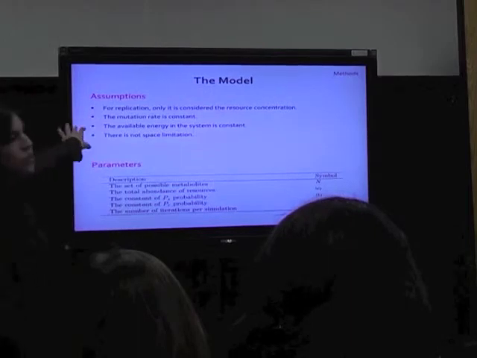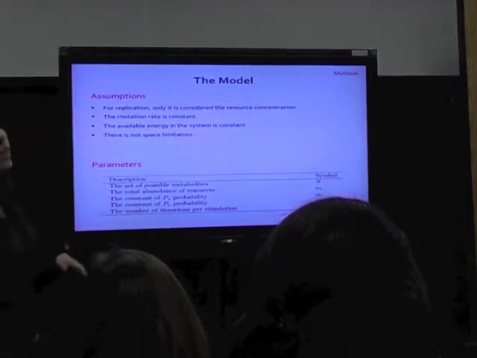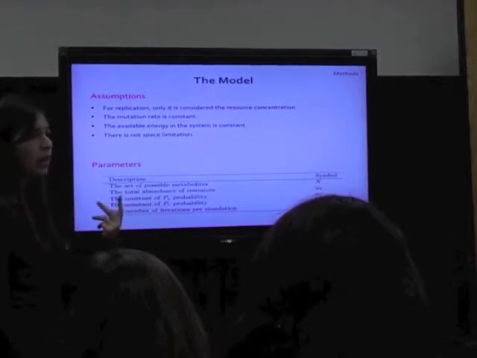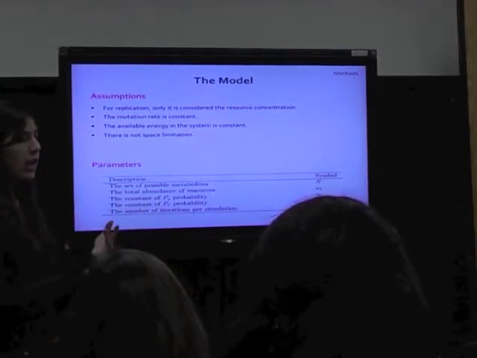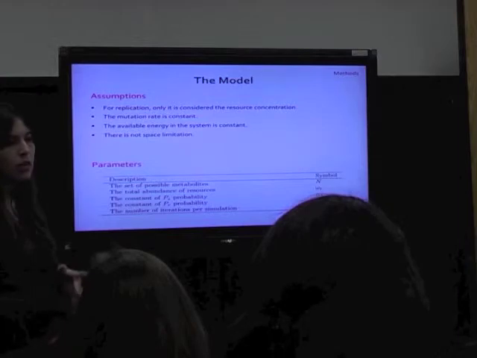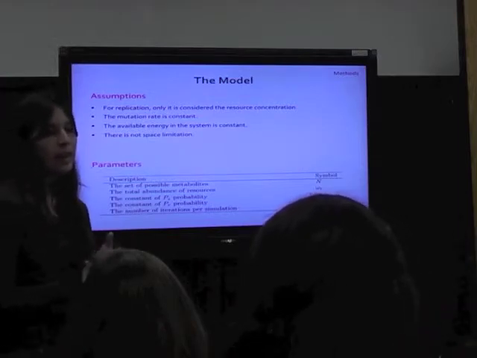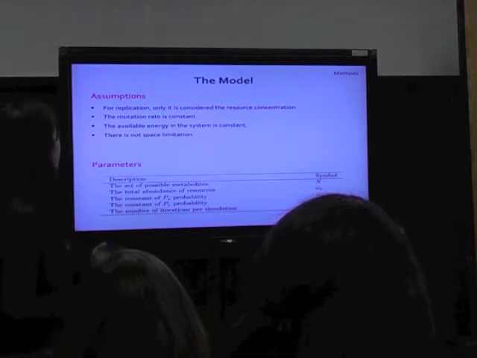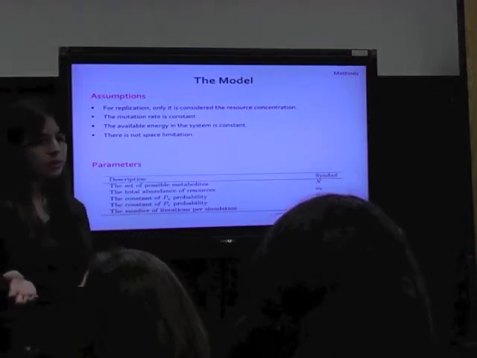Some assumptions of the model are that replication only depends on resource concentration, the mutation rate is constant, the energy available in the system is constant, and there is no space limitation.